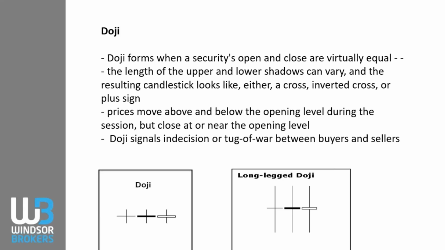So indecision means that there is an approximately equal number of buyers and sellers in the market, and the market stays in one place despite moving higher and lower during the period that the candle shows. At the end it closes as a doji, and a doji signals indecision. Usually daily dojis and weekly dojis are quite important, as they signal the whole movement of a given period of time, in this case a day or a week, and the end of the day in a doji signals that the current direction is showing indecision, not necessarily a reversal.